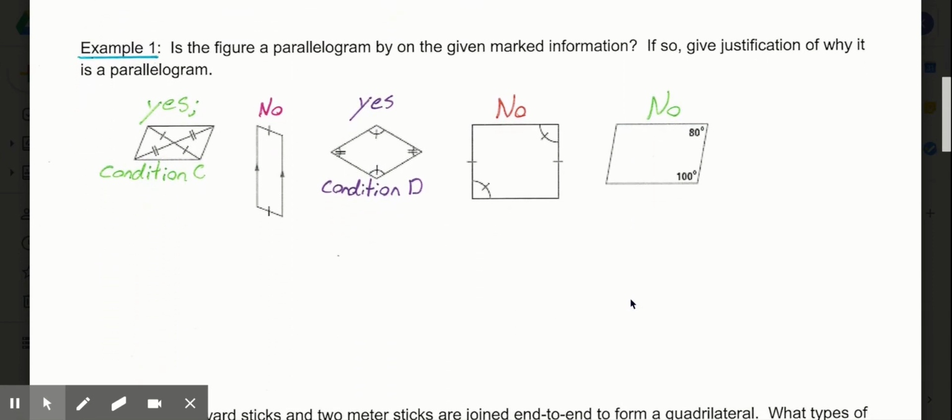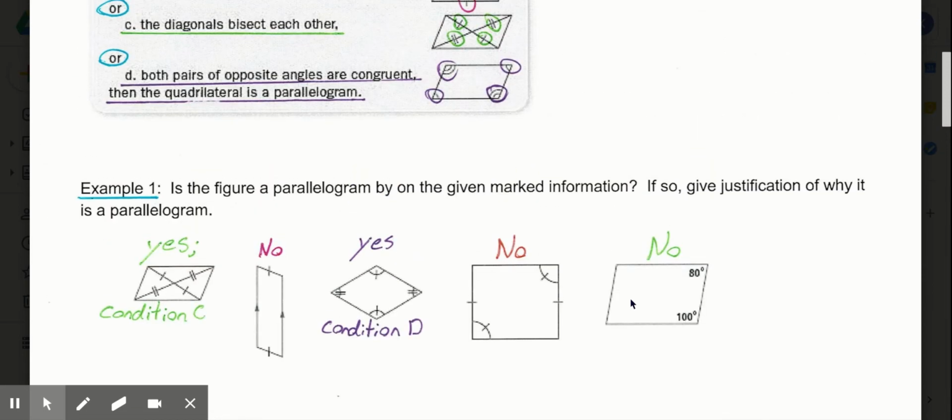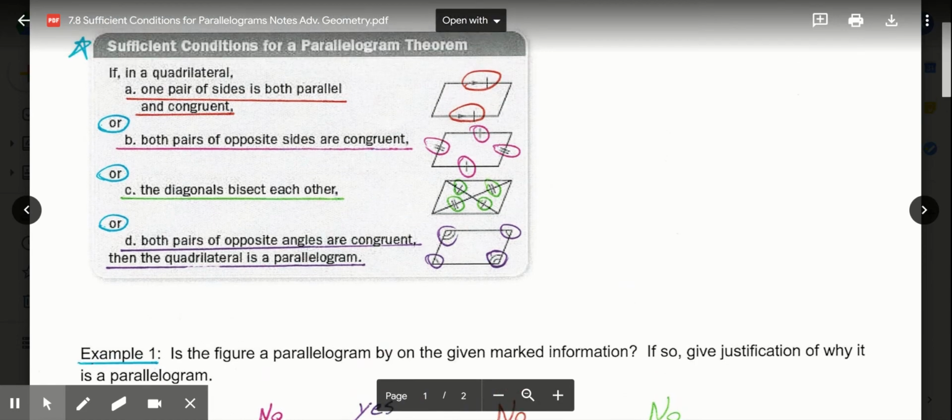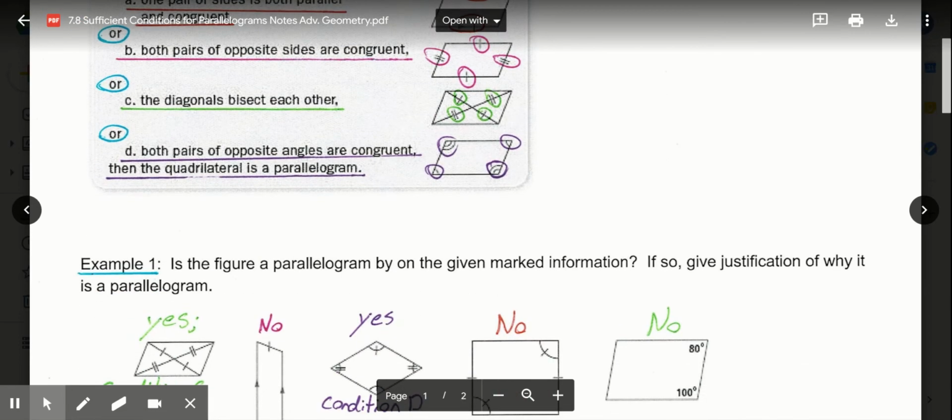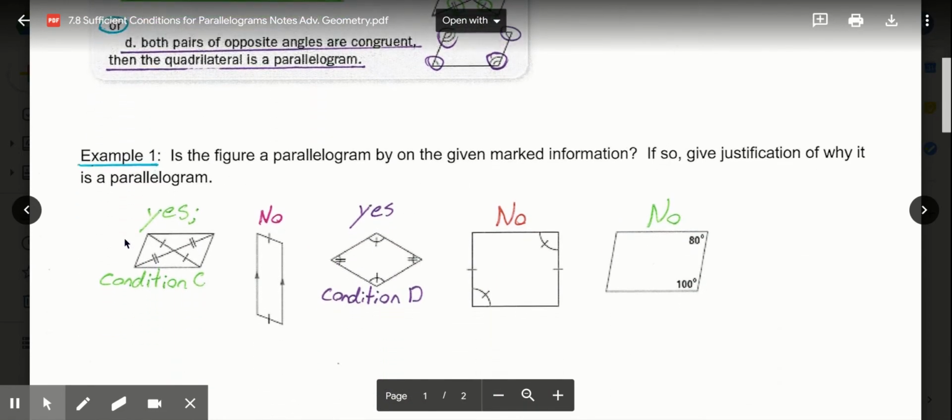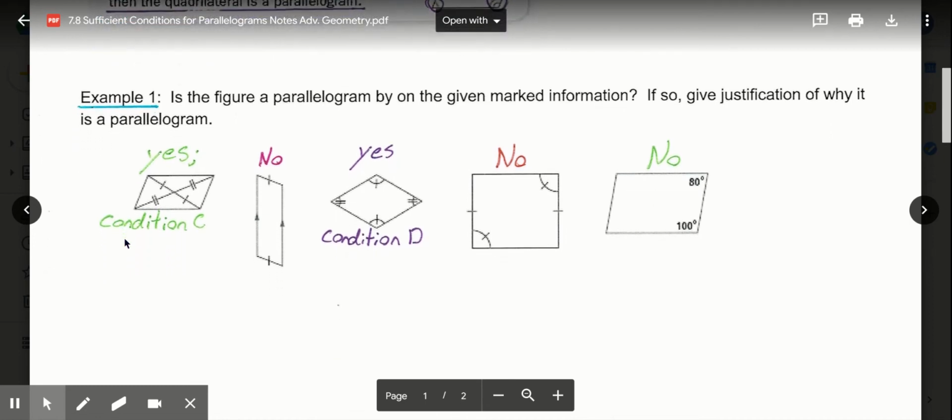Example 1 says, is the figure a parallelogram based on the given information? If so, give a justification of why it's a parallelogram. In this case, our justification would be stating sufficient condition A, B, C, or D. If it doesn't meet any of those four conditions, then we cannot classify it as a parallelogram.